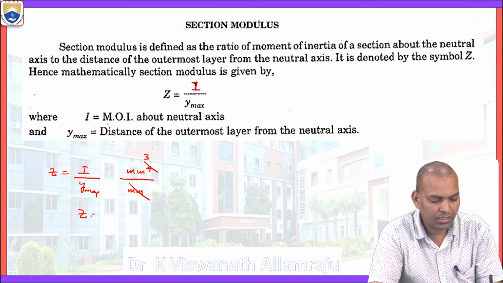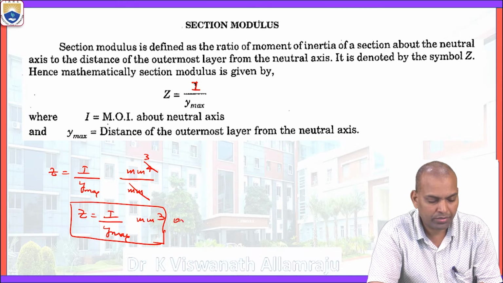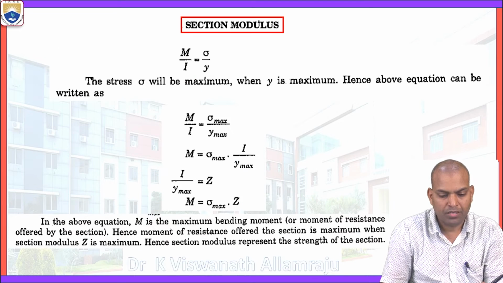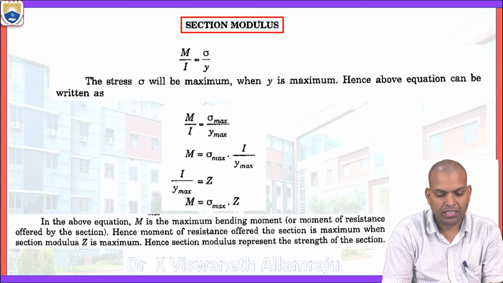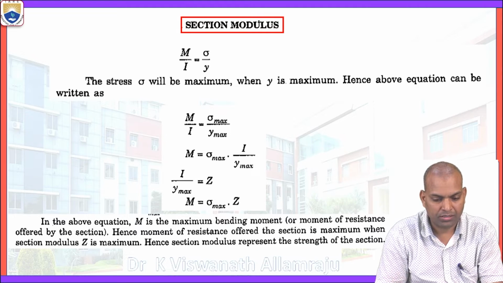So Z equal to I by y max. The unit for section modulus here is mm cube, or meter cube. So in that manner we can calculate I by y max, that is Z.